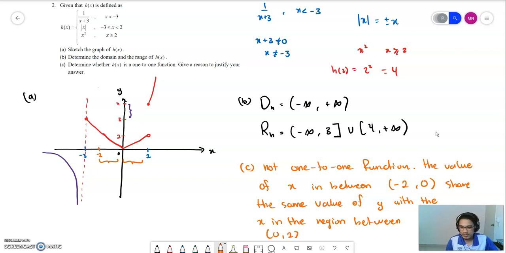Here is negative 2 to 0, and here is 0 to 2. We can see that they both share the same value of y. So we can know that this is not a one-to-one function.